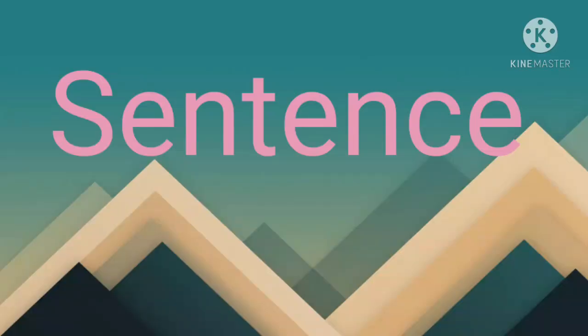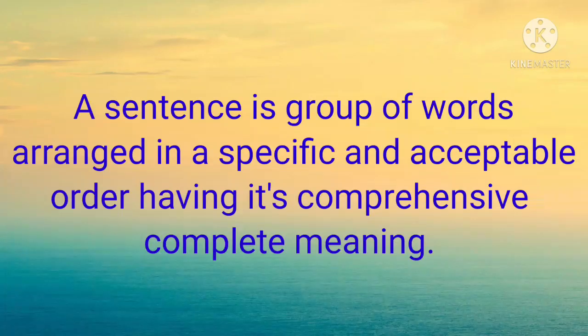Now, what do you mean by a sentence? A sentence is nothing but a group of words arranged in a specific order acceptable to the standards of the respective language, the rules and regulations of the respective language, having its own comprehensive, complete meaning. That is called a sentence.